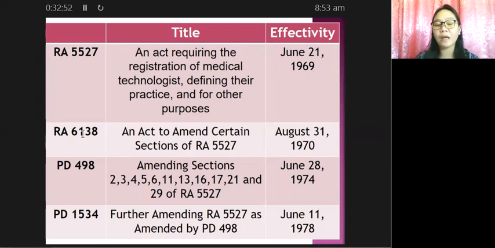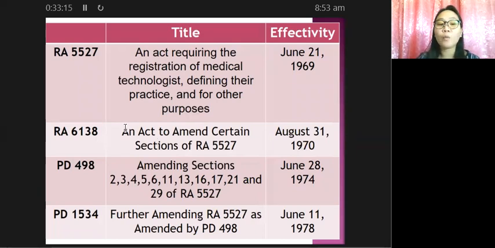Following it is Republic Act 6138, an act to amend certain sections of Republic Act 5527. It became effective August 31, 1970.